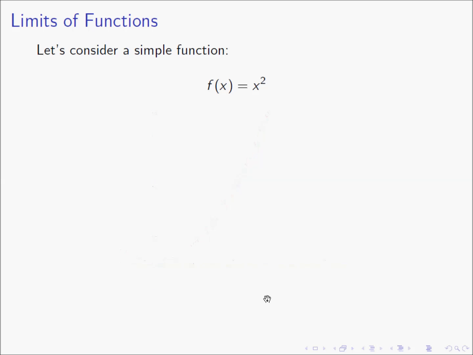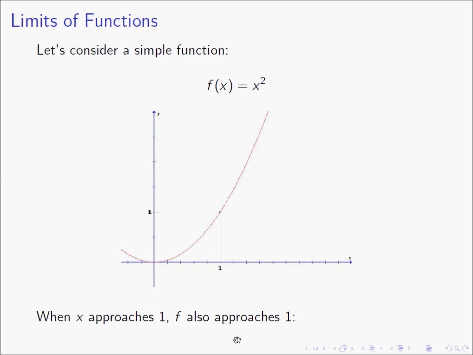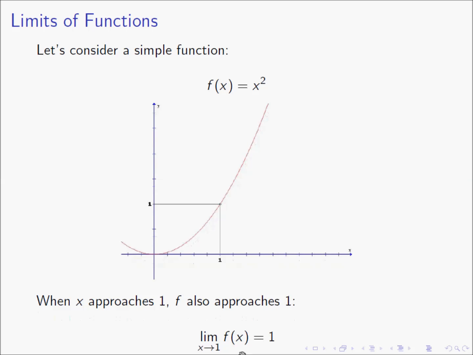And when this happens, we use this very fancy notation, and this is read: the limit as x approaches 1 of f of x equals 1. So the idea here is that when you take values very near to the number 1, that is, x is approaching 1, f of x is approaching 1 here in the y-axis.